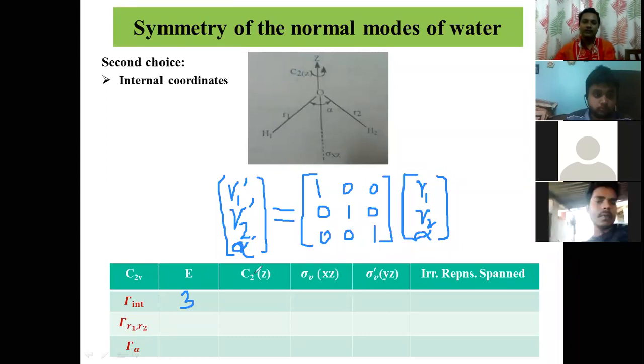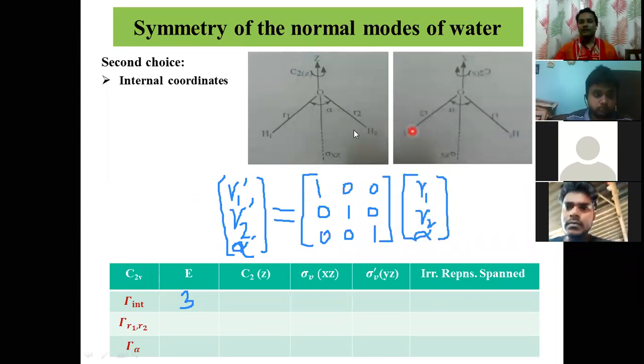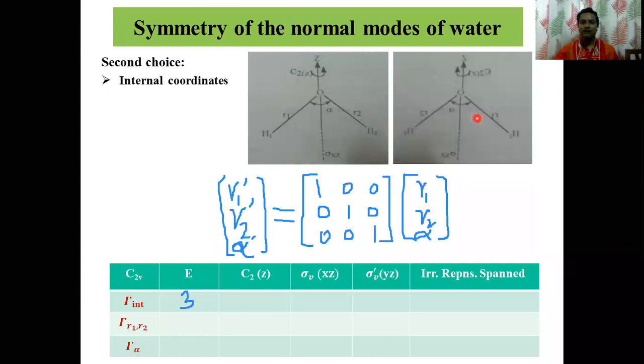Now if you go for C2, let's see how this molecule is going to look. If I look at here, I've just put it side by side, but don't look at the arrow, otherwise it's basically C2, because this R1 is inverted to this, and this R2 is inverted to this.